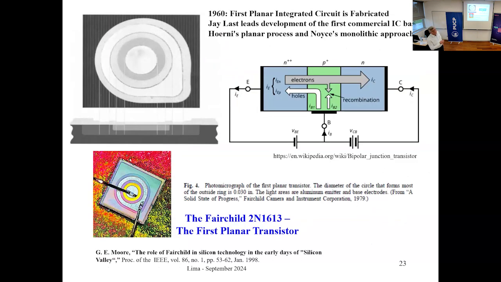Okay, the first integrated transistor. Here is the big, do you know the book by Sedra and Smith? Maybe Microelectronic Circuits. This is one of the most interesting figures that describe the behavior of the bipolar transistor.